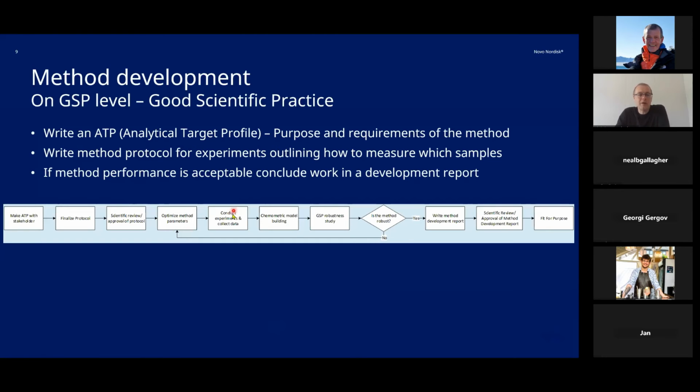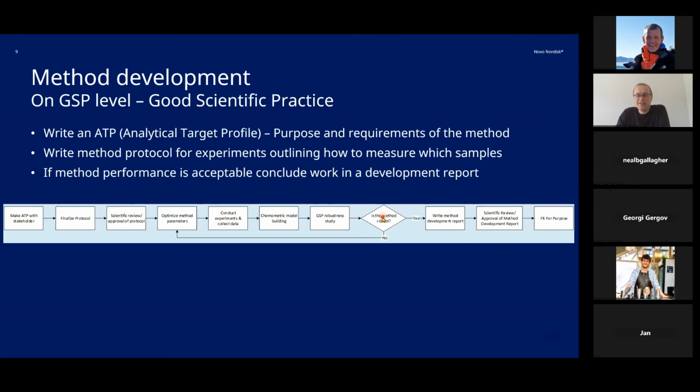So we conduct experiments, collect data. We do some chemometric model building on the data that we collect. We need to challenge robustness of what we are doing, so we are not just lucky or just making an overfitted model that is not robust.